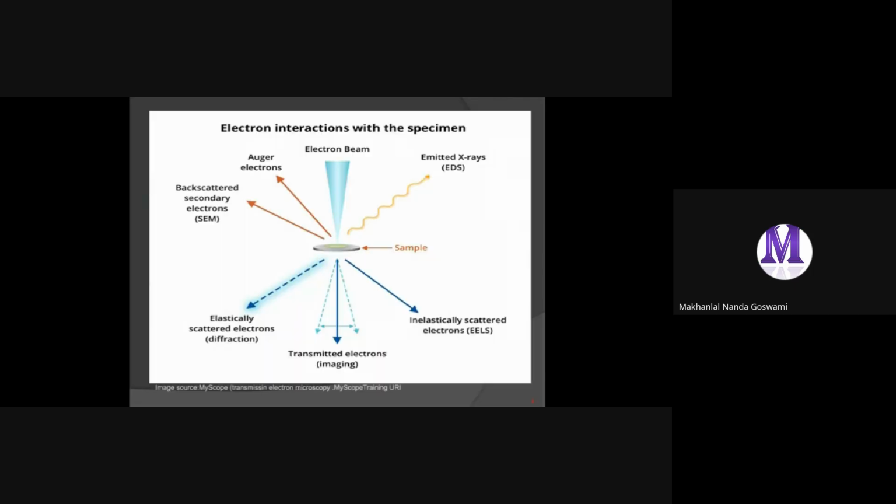Now let's see how electrons interact with the specimen. As I said earlier, TEM uses a high energy beam of electrons. When a very thin sample is bombarded by this beam of electrons, there are several distinct paths the electrons can take, and each path carries different information. Transmitted electrons form the main image by passing through the sample.